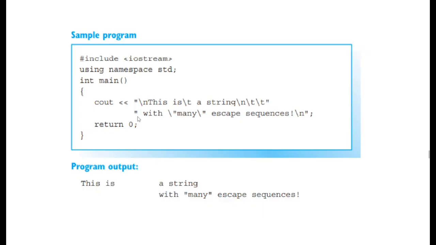And then with \", many, \". So this is what gets the quotes in here. Escape sequences, and then \n, and that's another line break, which obviously we can't see because it's invisible. And then return 0.